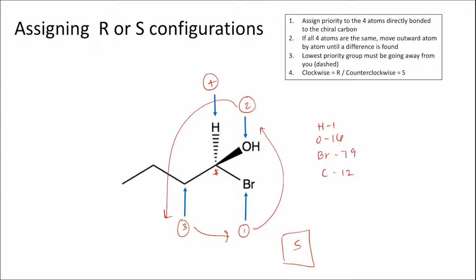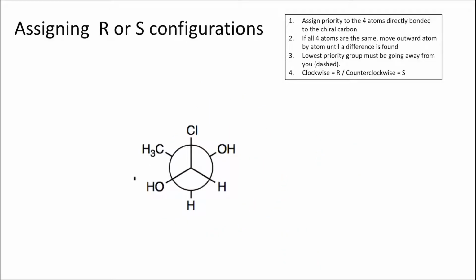Let's look at an example where the lowest priority group is not dashed, but instead it is wedged. I've identified the chiral carbon with an asterisk. First, find the 4 atoms directly bonded to the chiral carbon and rank them based on mass. Chlorine weighs 35, hydrogen weighs 1, oxygen weighs 16, carbon weighs 12.